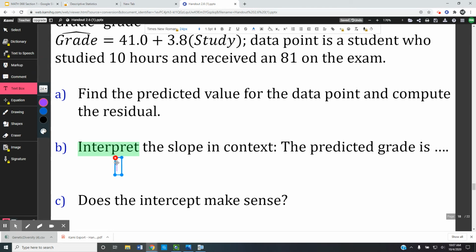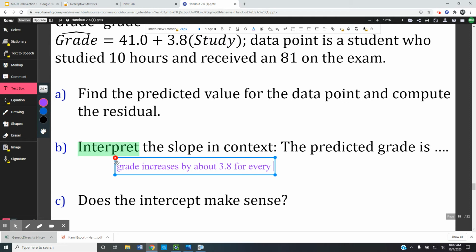I'm going to write that the grade increases by about, always use the word about, 3.8 for every 1 hour of added study. It's important to say about 3.8, and it is very important to say for every 1 hour of the explanatory variable, which is study.